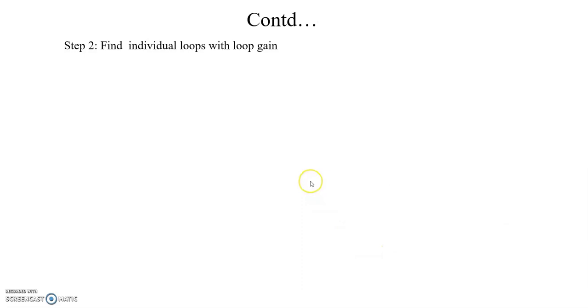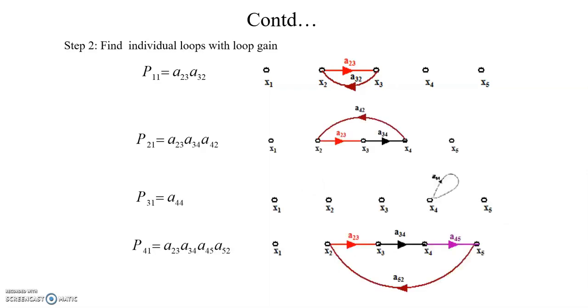Next, you find the individual loop gains. Here we have 5 loops. Do you know what a loop is? A loop means originating and terminating at the same point.